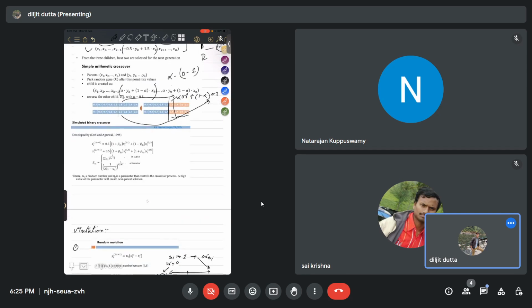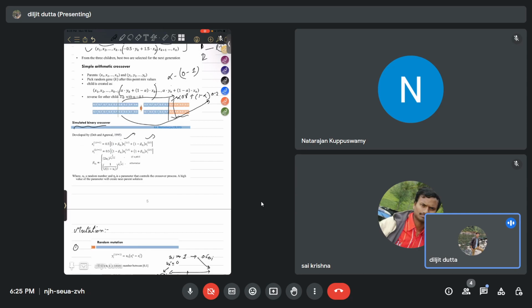And there is one more method of crossover that was developed by Kalyanmoy Deb from IIT Kanpur in 1995. He used a similar procedure. If you have the initial solution, then instead of alpha and 1 minus alpha, it will be 0.5 into 1 plus beta into xi1 plus 1 minus beta into xi2.